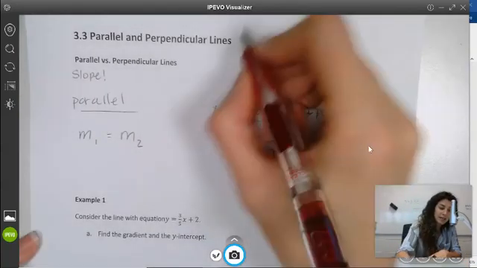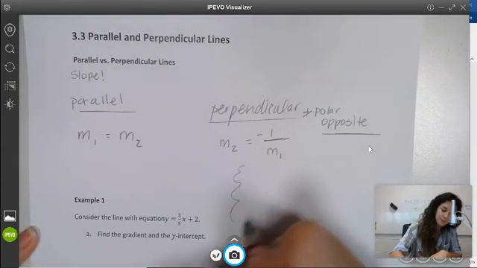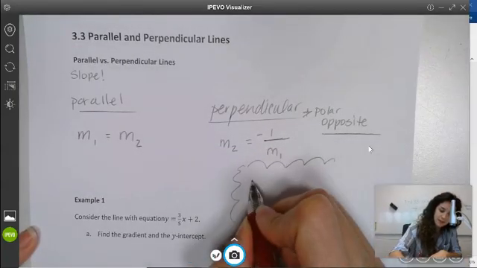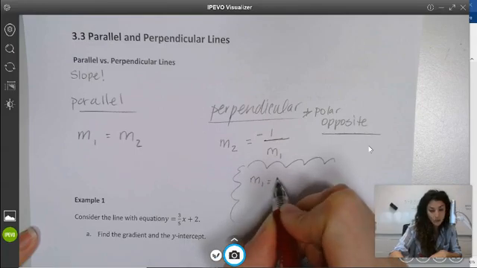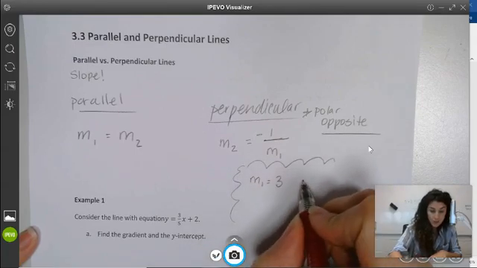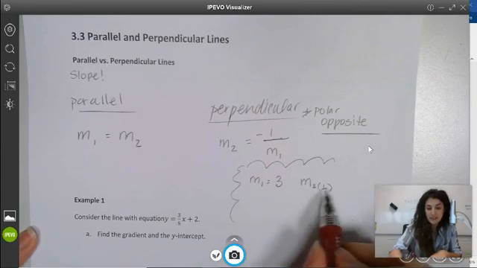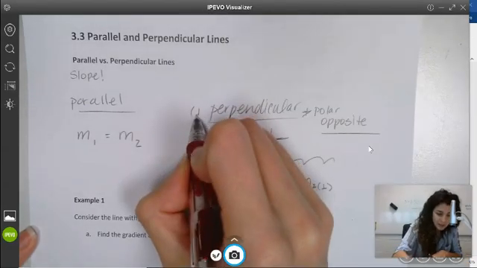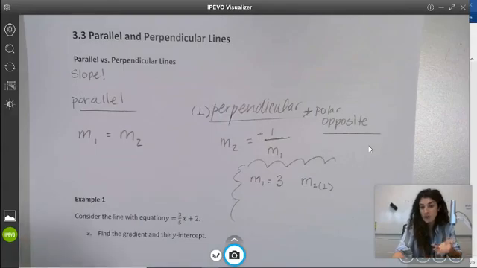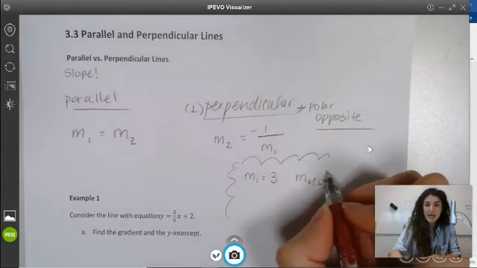Here's an example. If M1 is equal to 3, then your perpendicular slope, M2, where this symbol means perpendicular, so you'll see me use it pretty frequently.